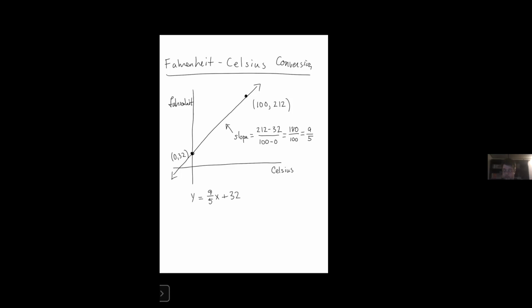And why not, let's just use F and C. Fahrenheit is on the y, so Fahrenheit temperature is 9/5 of a Celsius temperature plus 32. So if you want a temperature conversion, there's an equation. Let's do a couple examples on the next page.